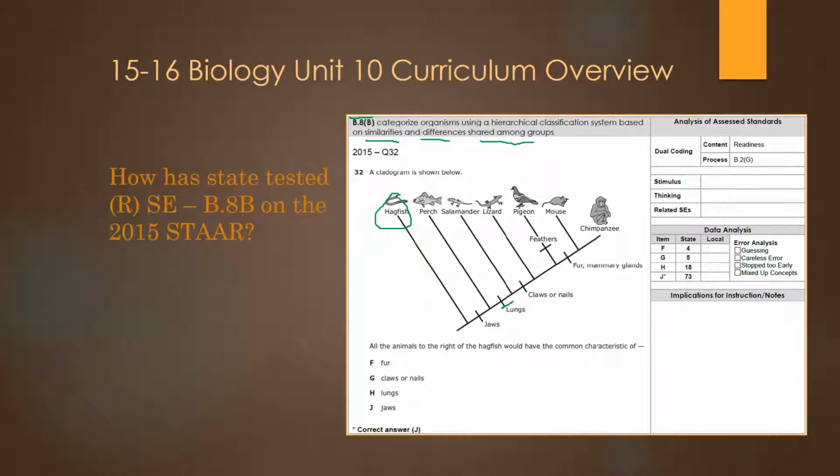Every characteristic before the lizard, it has, and so forth and so on. And so what characteristic would all of these animals have past the hagfish? And that answer is jaws. And so the students would be able to use those processing skills and learn how to read this in their explore activity, and then be able to answer it when they're evaluated or assessed in any type of way.